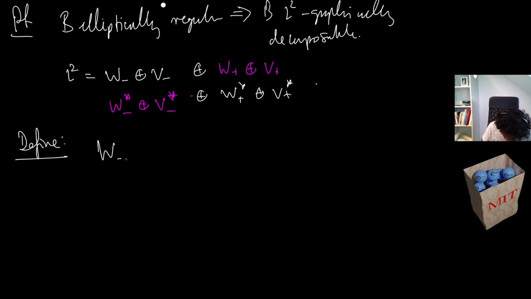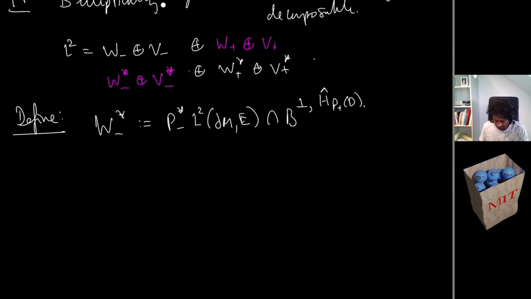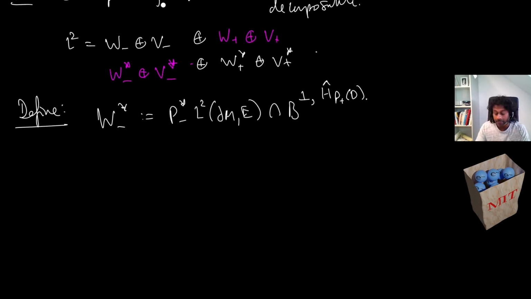Define W minus star to be P minus acting on L2 intersected with B annihilated in P plus of D. Immediately you can see that this will be a subspace of H half, because the B annihilated in the check space will be in H half.